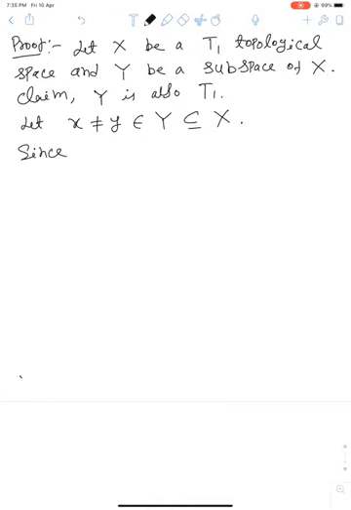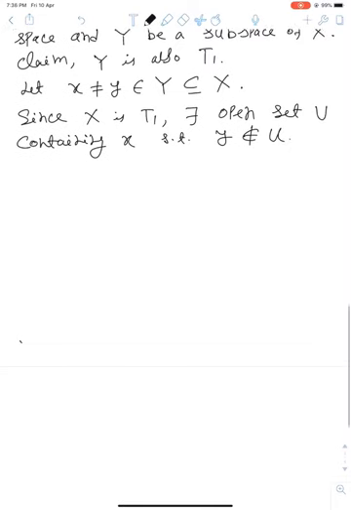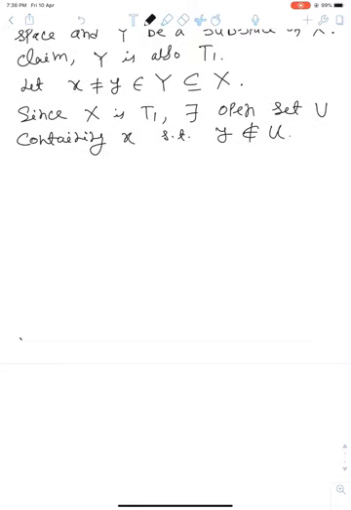Therefore, there exists an open set, only one open set U containing x such that y does not belong to U, right? And here open set U means this is an open set in X, right?